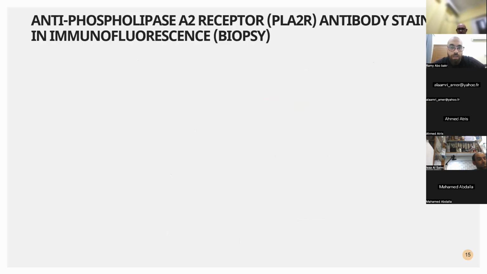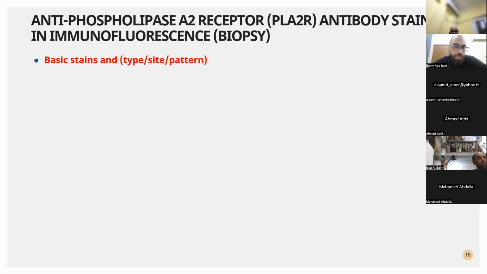And regarding the immunofluorescent assay or the anti-phospholipase antibody screening in the biopsy, I just want to focus on another point. In histopathology, we have five basic stains, which are done for all cases. If you do a kidney biopsy and send it to a histopathologist, he will just do the routine basic staining, which includes hematoxylin and eosin, periodic acid-Schiff, trichrome, silver stain, and Congo red.